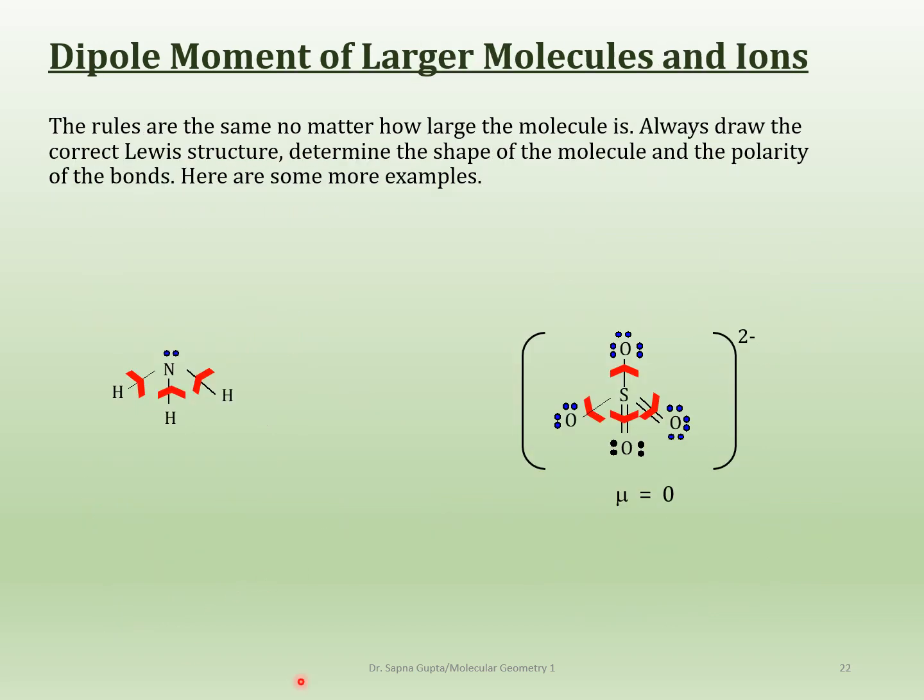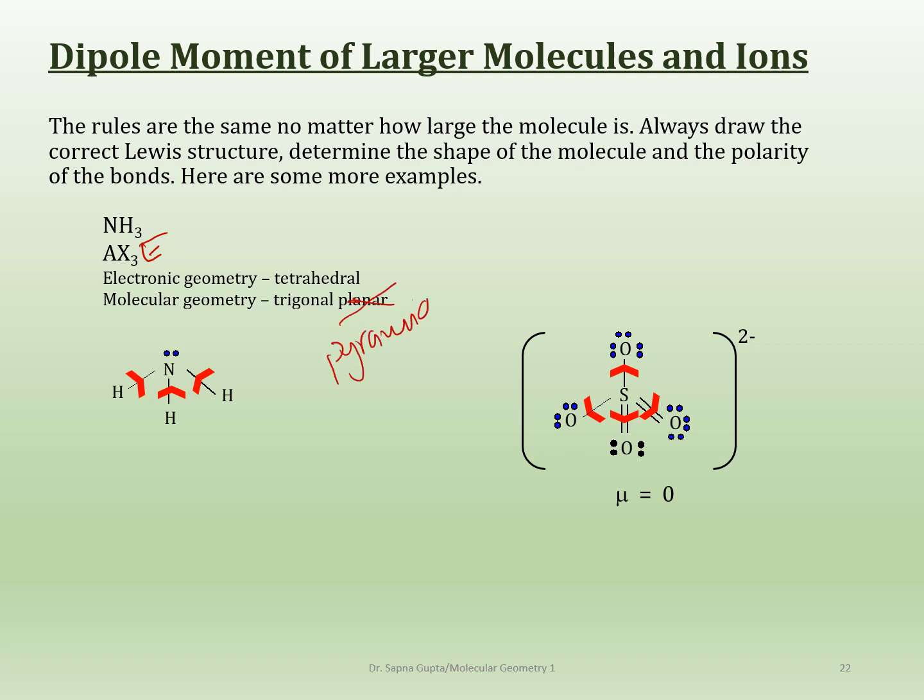All right, now for some more, okay, over here. So the first one, which is ammonia, this is AX3, and it's not just AX3, it's actually AX3E. So apparently I have some errors going on here. So AX3E, so electronic geometry is tetrahedral, the molecular geometry is trigonal planar, okay, and it's not trigonal planar. What's going on here? It's trigonal pyramidal. Okay, there, fixed it.